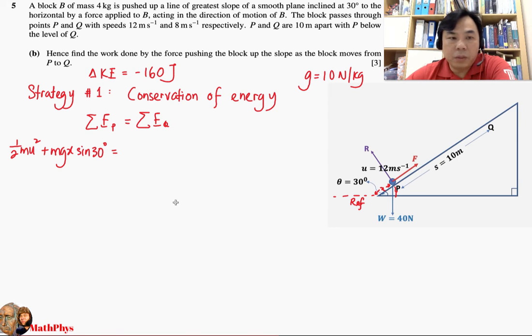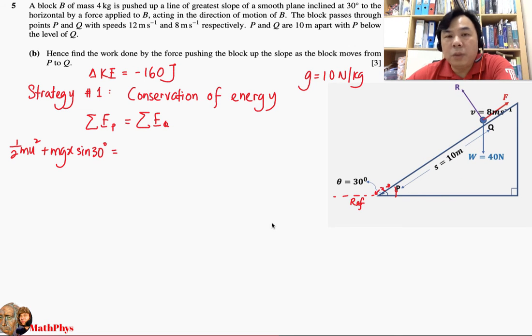So I'm going to show you the simulation one more time. You can see that it moved to Q, and yes, it still possesses kinetic energy there. So we will have to include the kinetic energy, but before we proceed, I think I've forgotten one more energy that I need to include here.